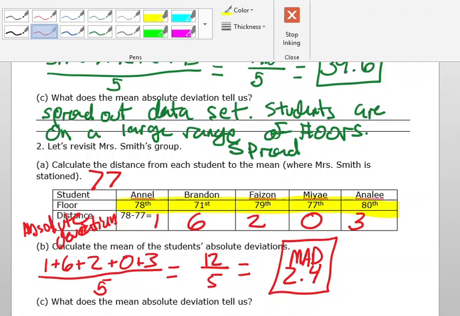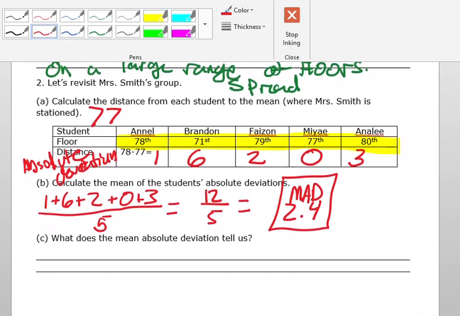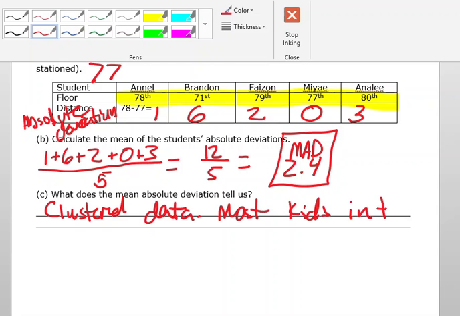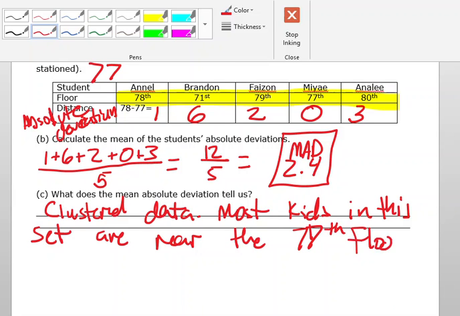This is a clustered data set. Most kids in this set are near the 77th floor, which is our mean. That's our mean, remember.